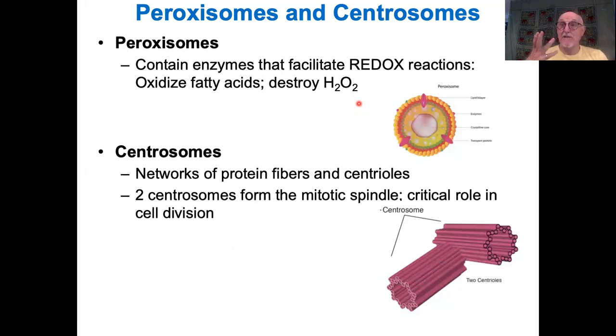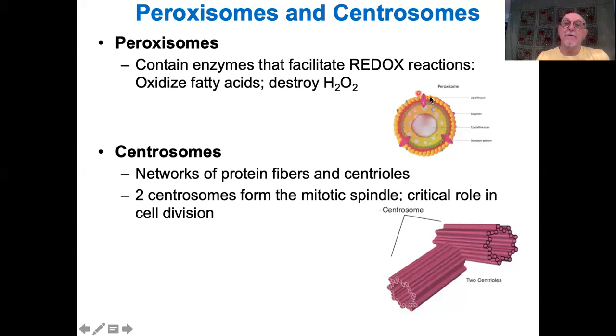It needs to be dealt with very quickly. And cells have various ways of dealing with it. But one of them is that cells have these little organelles which are dedicated. One of their functions is a dedicated function to destroying hydrogen peroxide. And these are called the peroxisomes. But the peroxisomes, this used to be thought to be their only function.